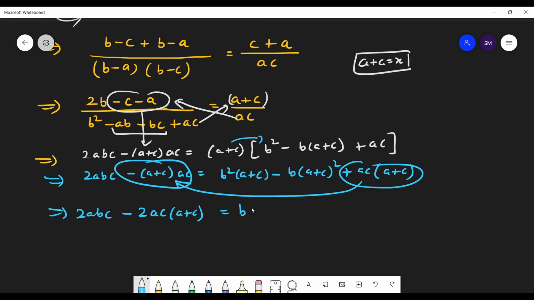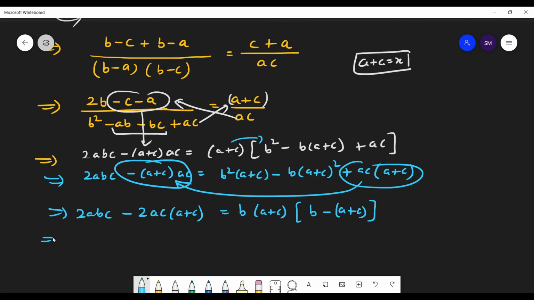So these two terms now b into. So you can take b common. You can take a plus c common. So what do you get? b here minus a plus c, right?